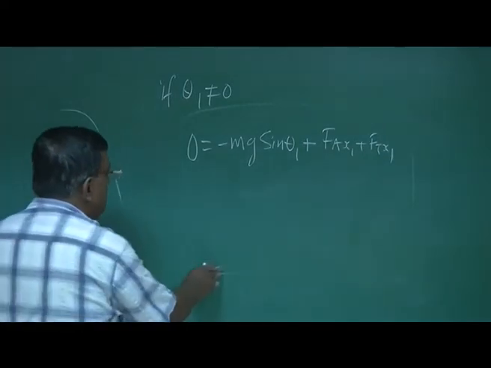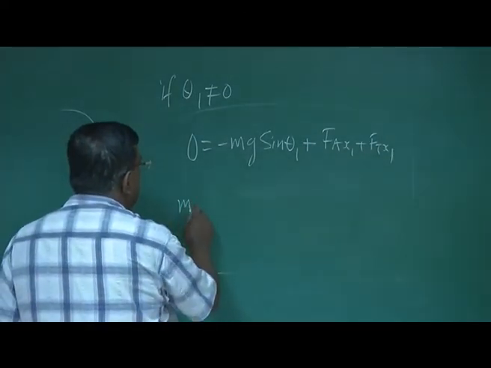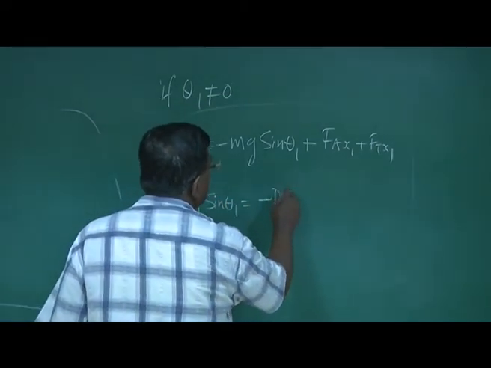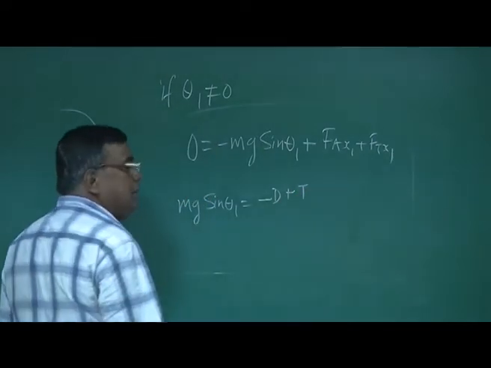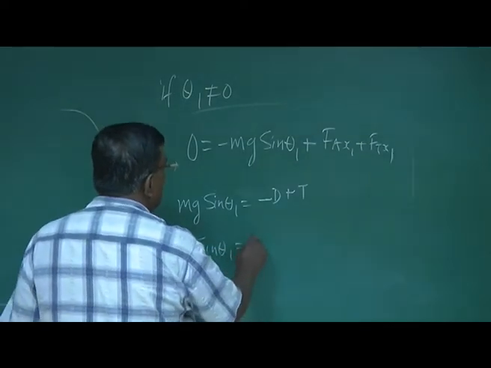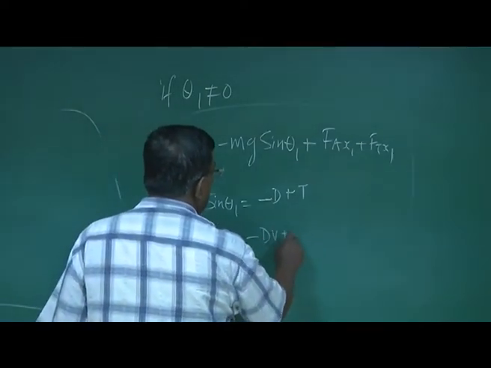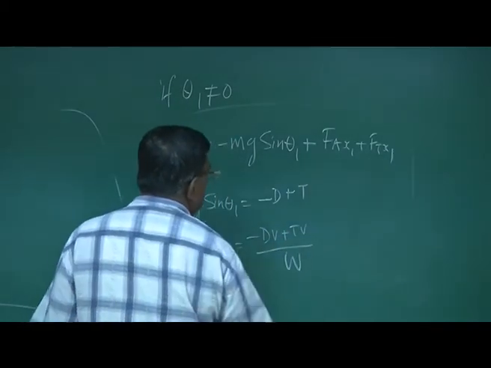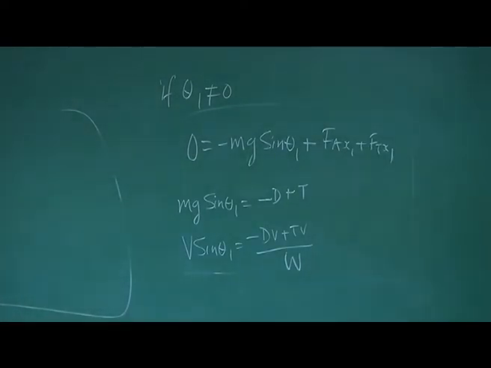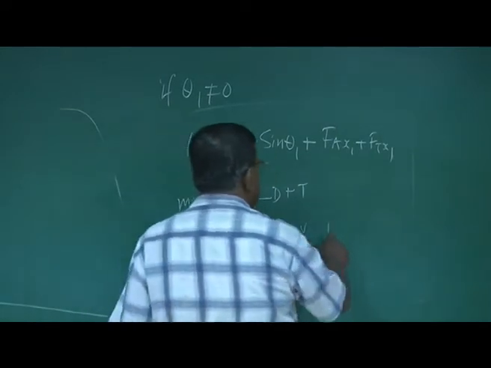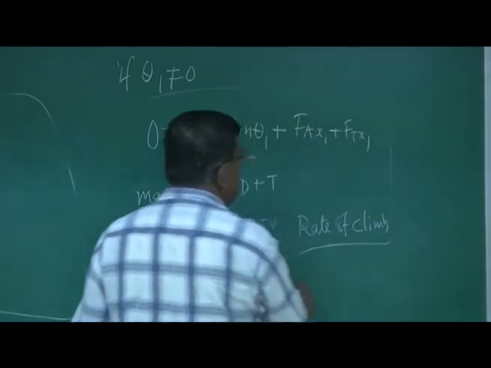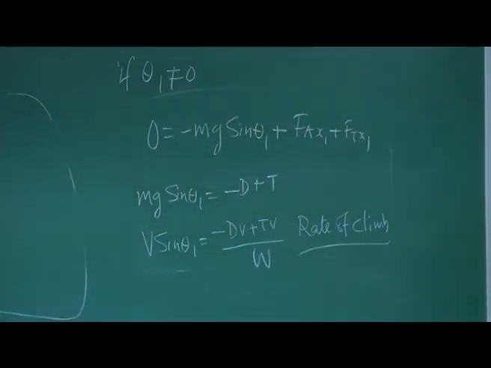So now I write this as mg sine theta 1 is equal to minus D plus T, that is the thrust, and then I can write V sine theta 1 is equal to minus DV plus TV by W. So this is TV minus DV by W. So what is this? This is again giving us the old equation, the rate of climb versus excess power.